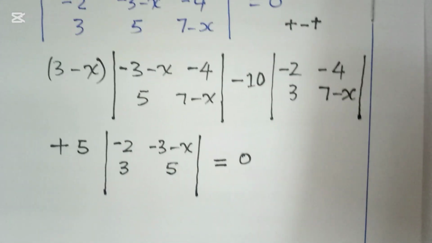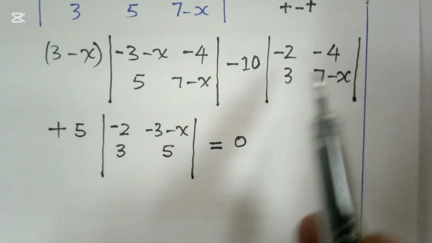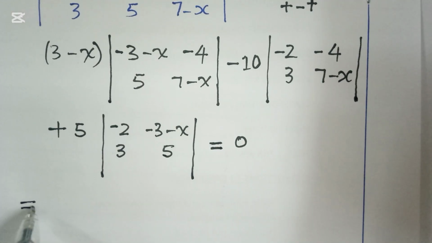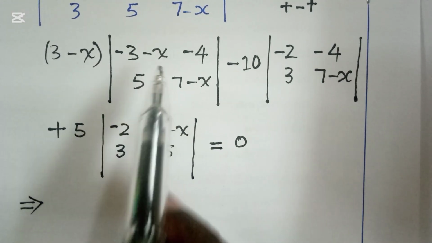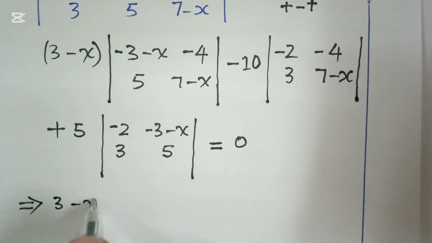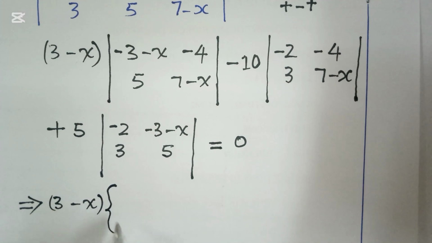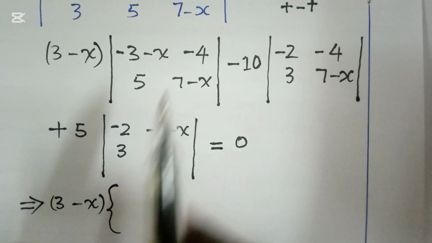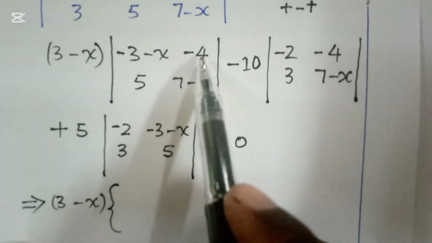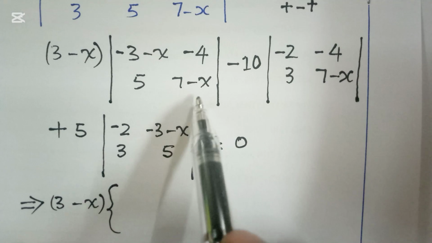So guys, we now work out that. We can start with this one first, and then go to this one and that. So guys, starting with the first, let's call this one first equation. We shall have 3 minus x. This one now we can put a bracket there. Guys, we subtract the minor diagonal product from the major diagonal product.